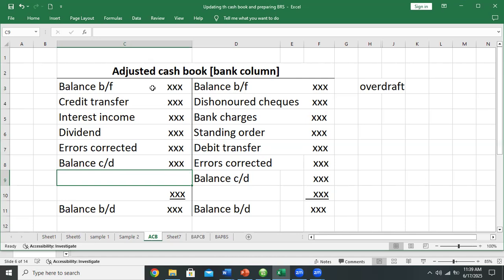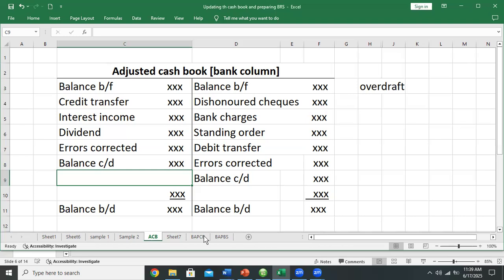Note it, right? So the opposite is that if your cash book is showing a negative balance, what we call unfavorable balance, then that is an overdraft. So that one, your cash book will show a credit, but your bank statement will show a debit. So note that the cash book and the bank statement are the opposite of each other, right?